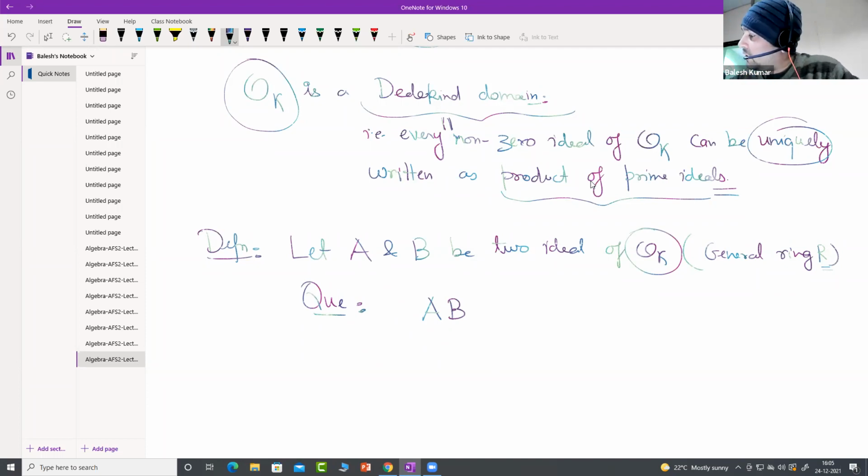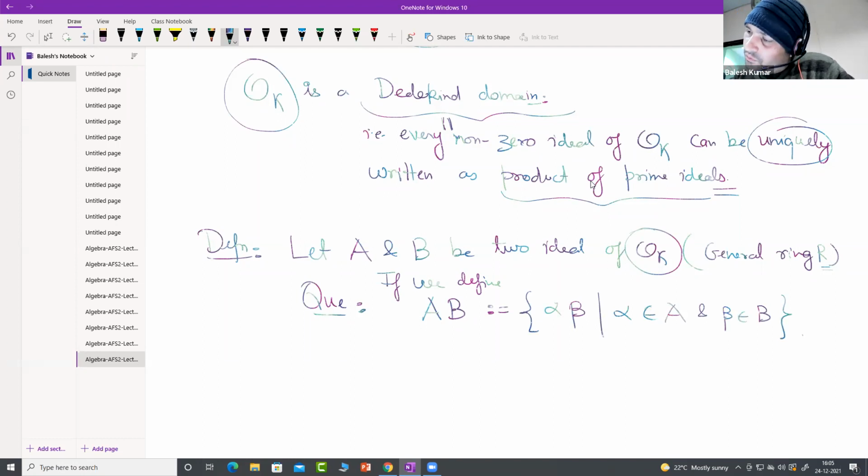For example, if we define AB to be the collection of all elements alpha beta such that alpha belongs to A and beta belongs to B, is AB an ideal?